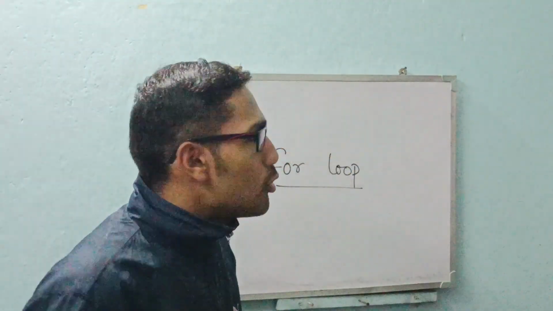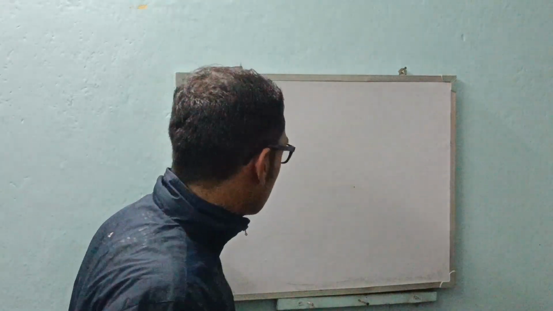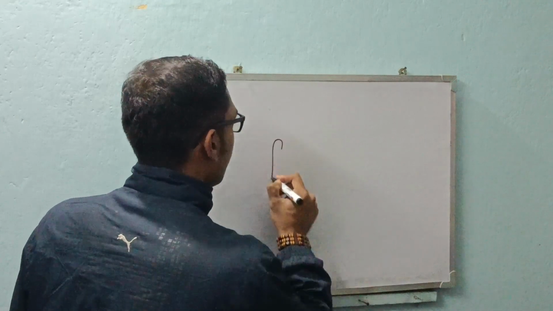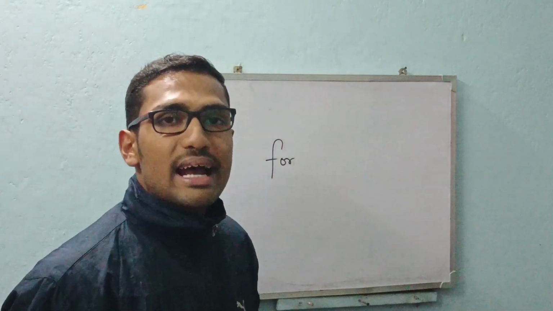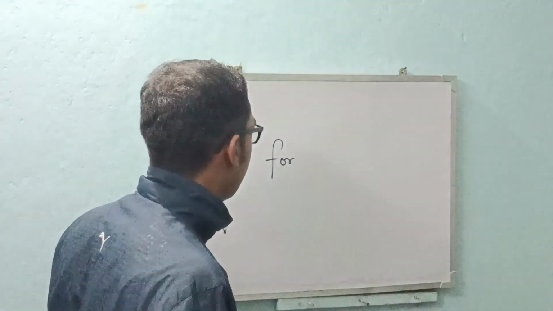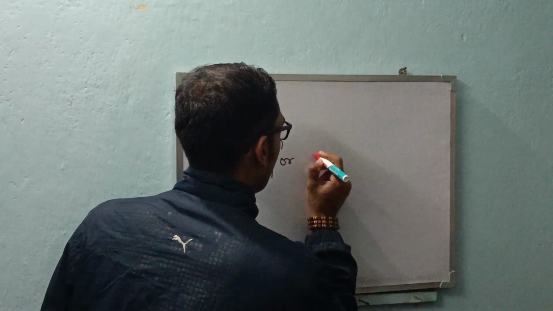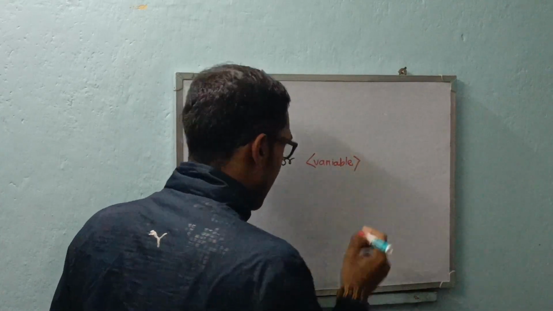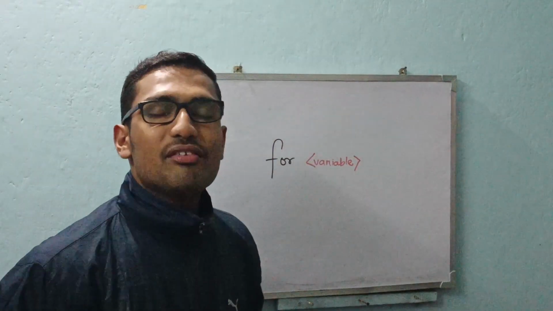Now, how to write a for loop in Python. The first and foremost thing is to use the keyword for. Then after that we need to use a variable name.